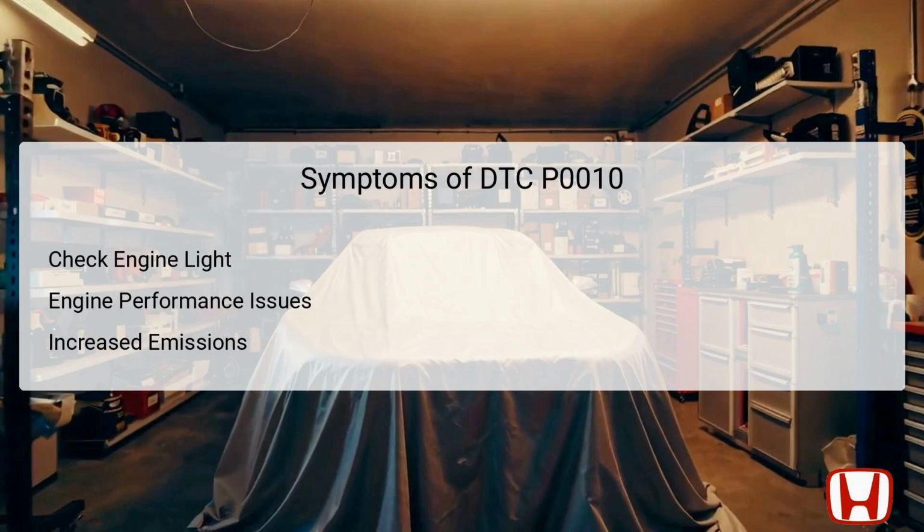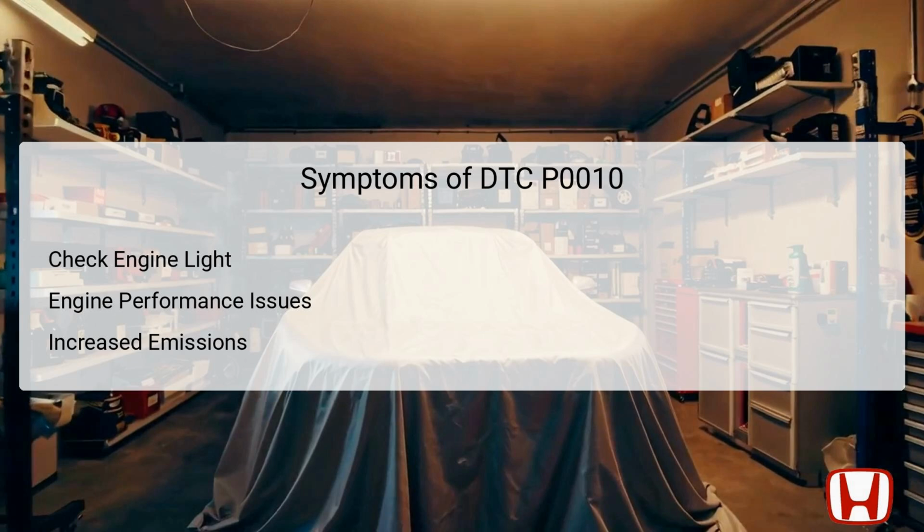When DTC P0010 occurs, several symptoms may manifest, the most immediate being the illumination of the check engine light on the dashboard. This is a direct indication that a diagnostic trouble code has been logged by the PCM, necessitating a complete evaluation.